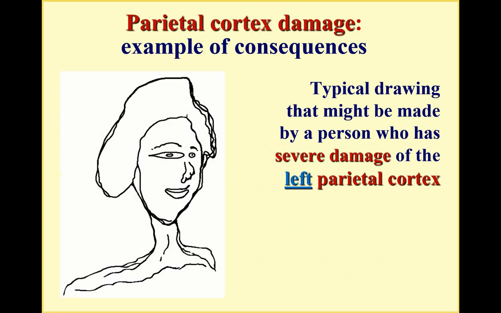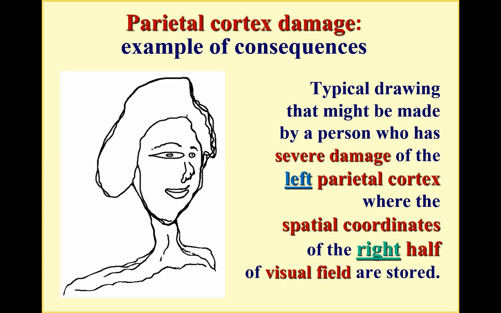How can we find that this is a left parietal cortex damage? Because, look, spatial coordinates of the right half of visual field come to the left parietal cortex. And exactly the right half of visual field is not adequate here. You can see left side is more or less well done, while right half of visual field is entirely disproportional, and so it corresponds to the damage of the left parietal cortex.